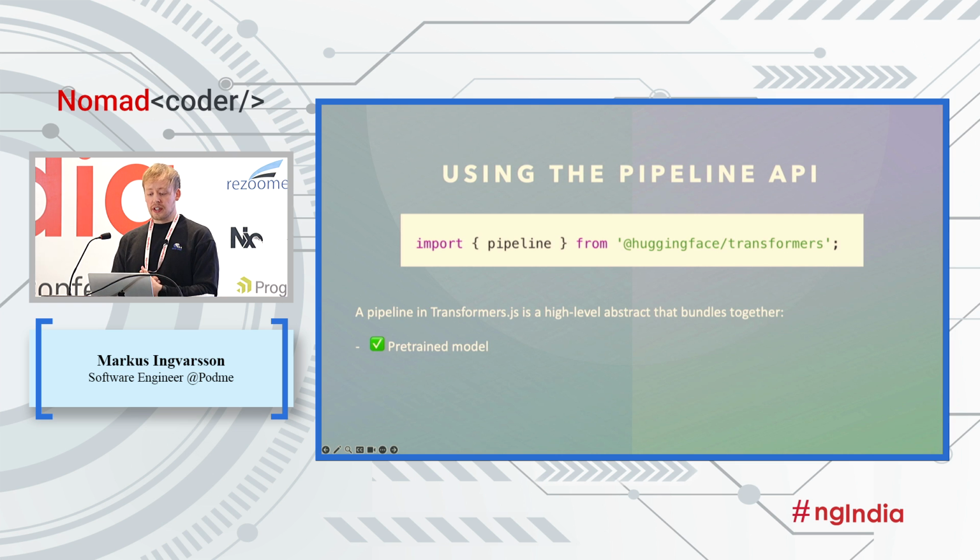First, it loads a pre-trained model. It pre-processes the input, like converting text into tensors. And it post-processes the output, like turning logits into readable labels or decoded text. So instead of writing a bunch of boilerplate code, you can just call a single function and get useful results, which is really developer-friendly.